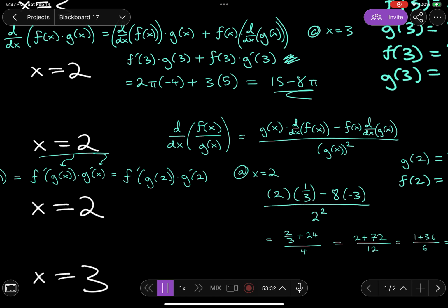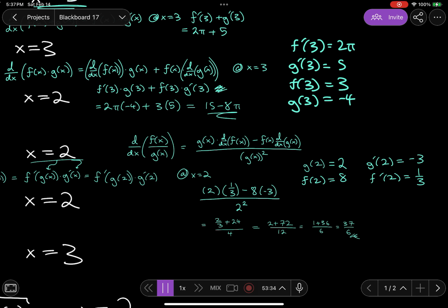And I think we have these things already set up for us. Yeah, we have g of 2. So what we need is f prime of g of 2. Again, what I just used was that g of 2 is 2. So I replaced this thing with 2. G prime of 2 is negative 3.